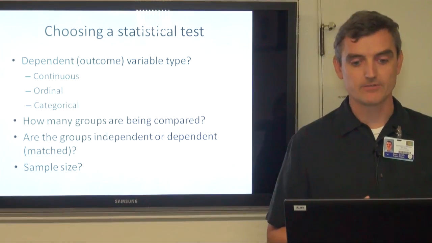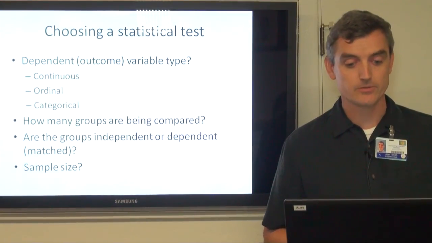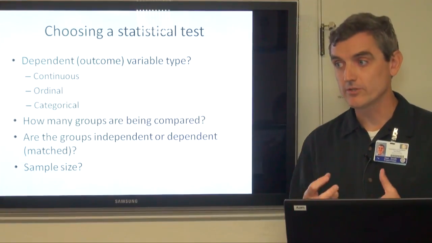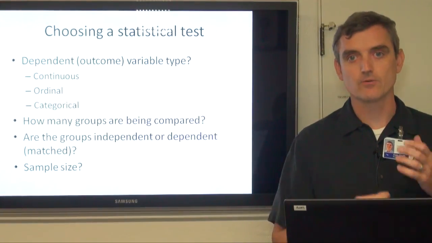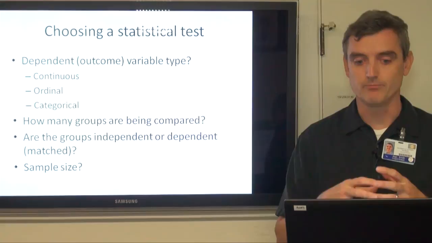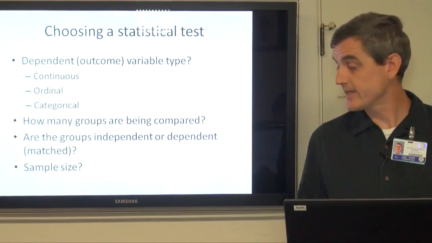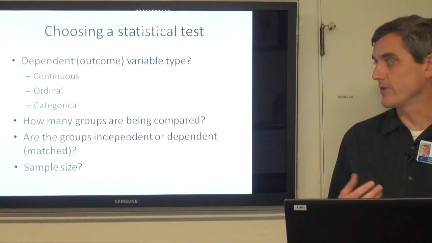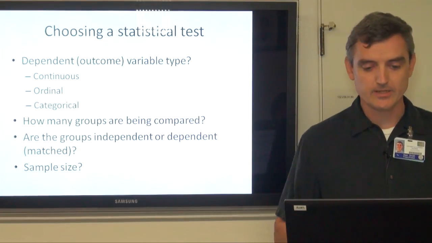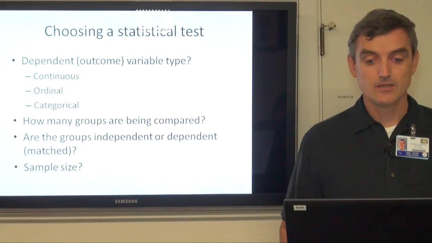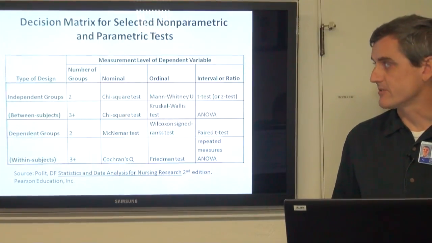You may have different types of tests that would be better to use. The number of groups that you're comparing could be just one group that you're comparing to a standard, or two independent groups, or two matched groups, or more than two groups. And I mentioned whether the groups are independent or dependent, and how big your sample size is. Those are all going to come into play when you're selecting your statistical test.